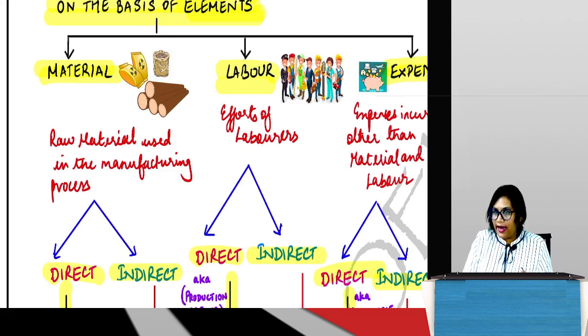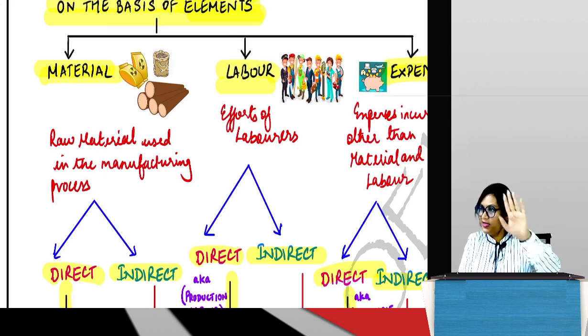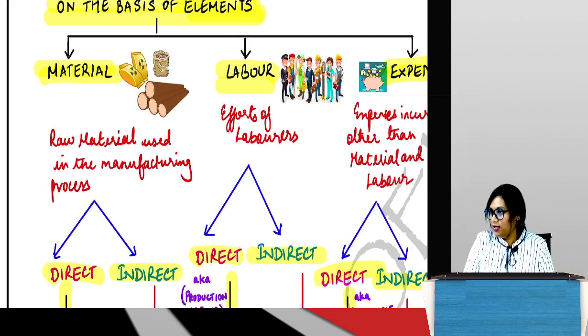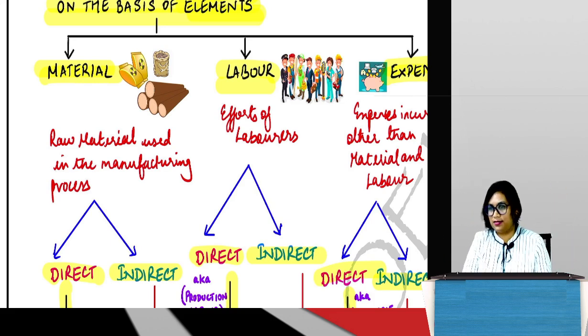See, if you say it is material, labor, overheads, you are saying material means direct material only, labor means direct labor only, because all indirect expenses are overheads. That is not the correct classification. The classification is material, labor, expenses. Material has direct and indirect. Labor has direct and indirect.